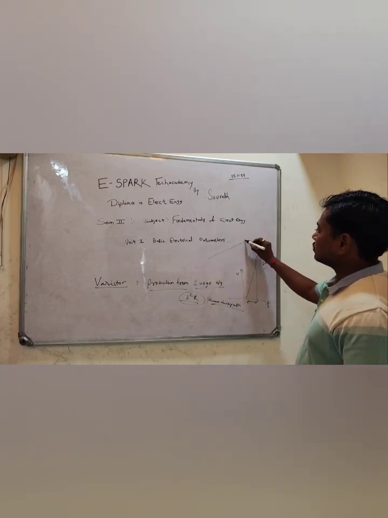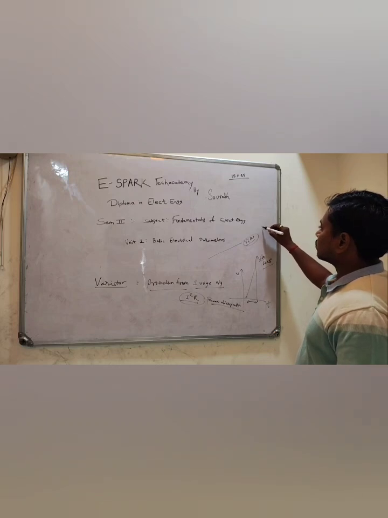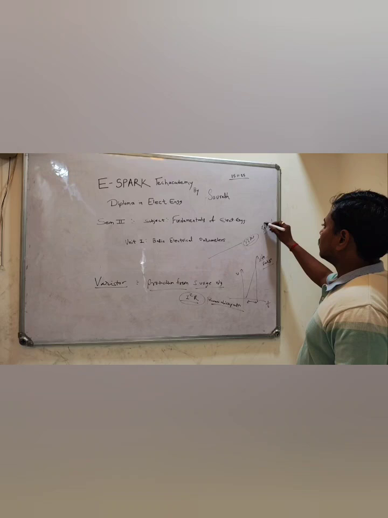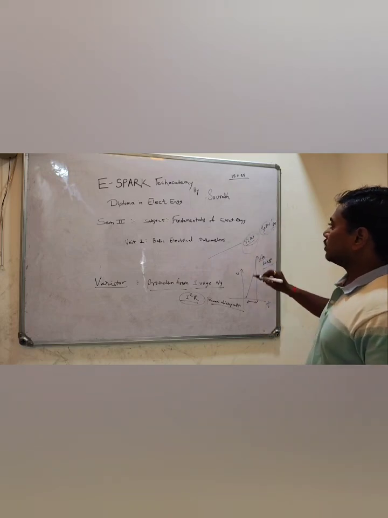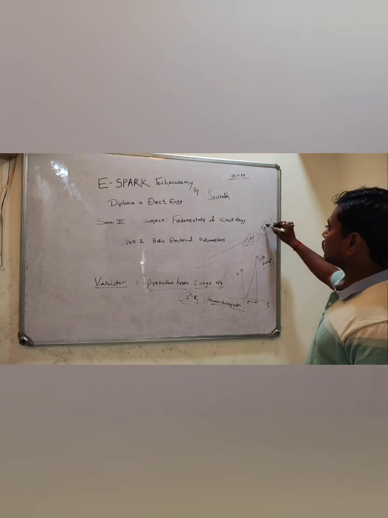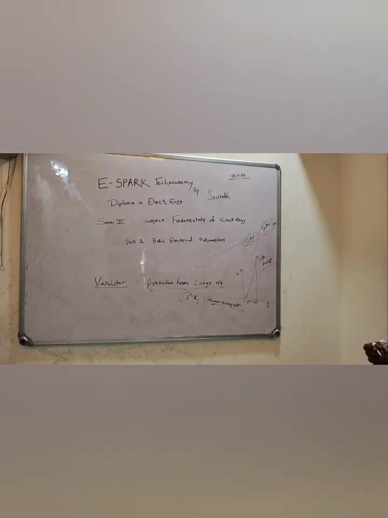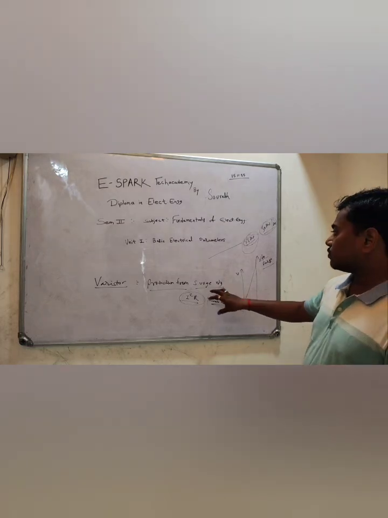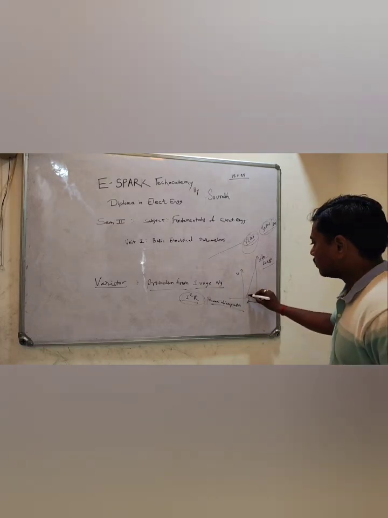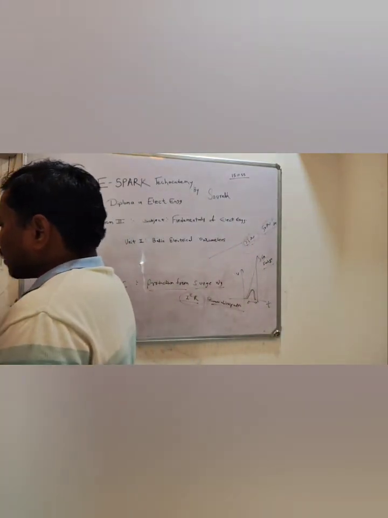Our machine is designed for 33 kV, and if this spike comes for about 50 kV for a fraction of a second, it will destroy our system if it remains for a prolonged time. That's why we have to nullify this voltage in terms of power dissipation. This power will be dissipated across the resistance, and that's why this spike will be reduced and brought back to normal. That's why we use this varistor.